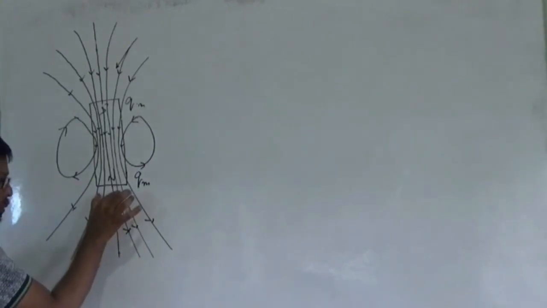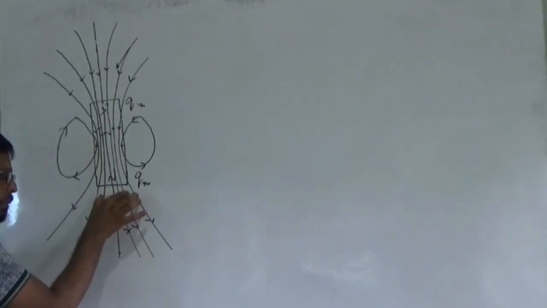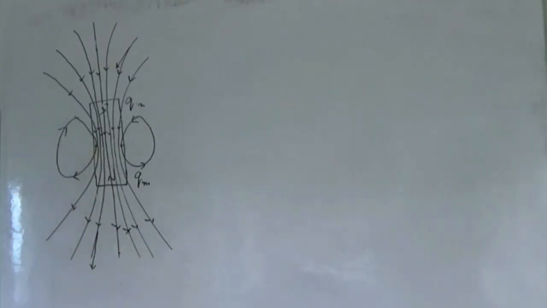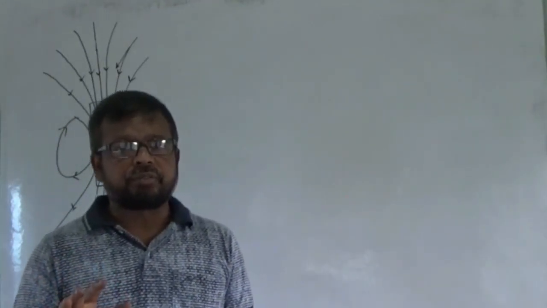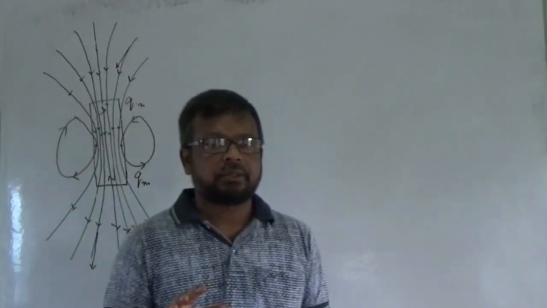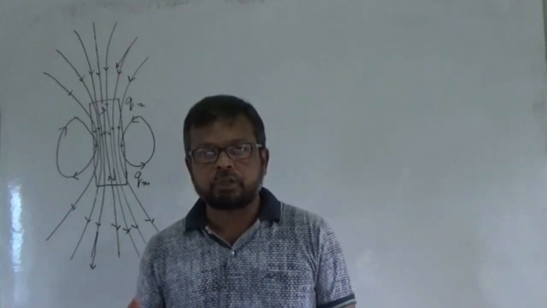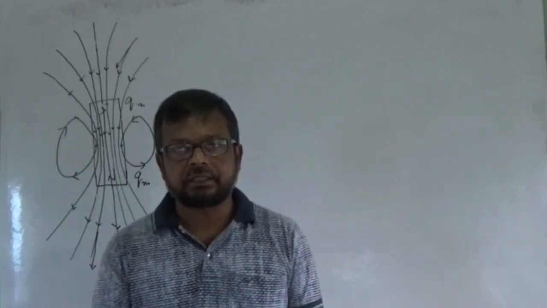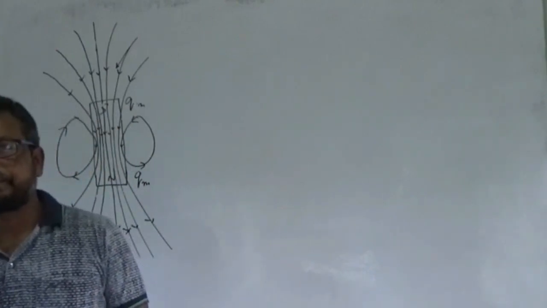So the greater the number of field lines crossing per unit area, the stronger is the magnetic field. If it is less, then feeble will be the magnetic field.